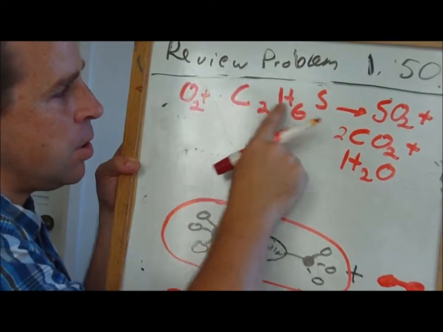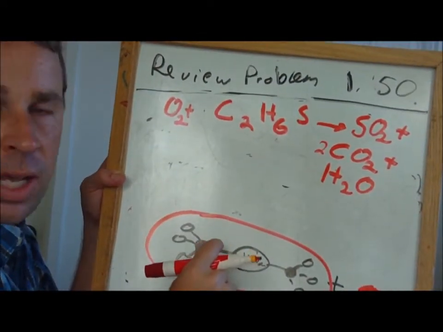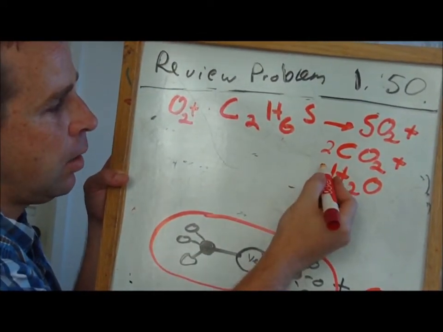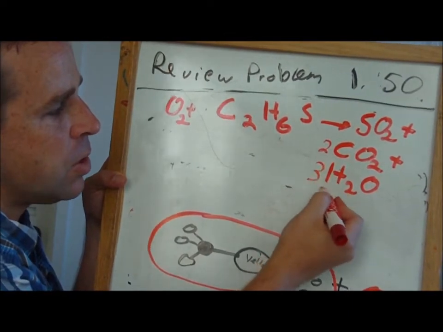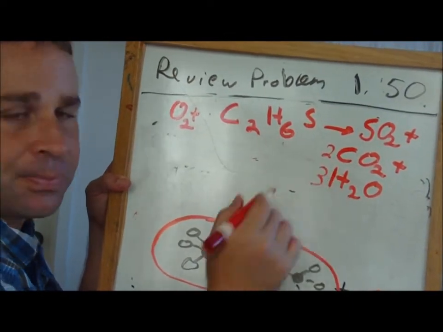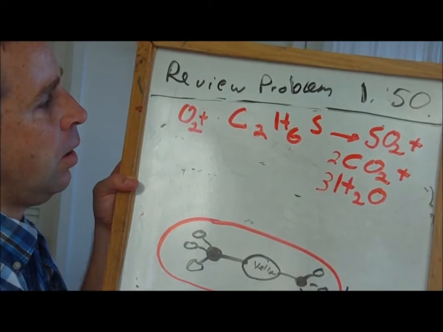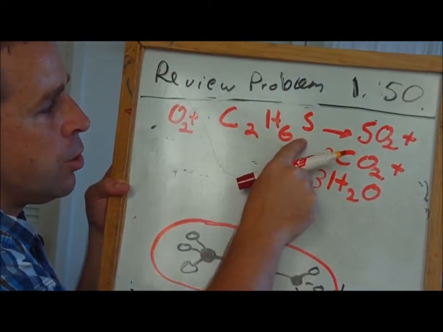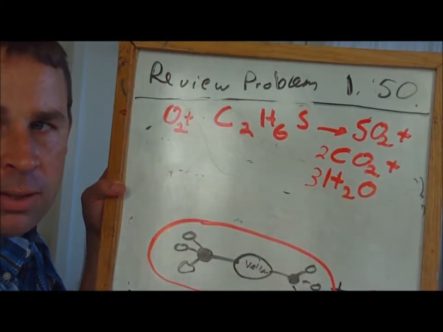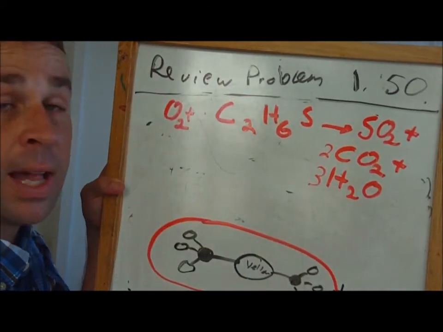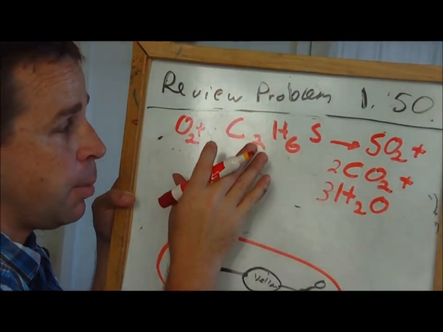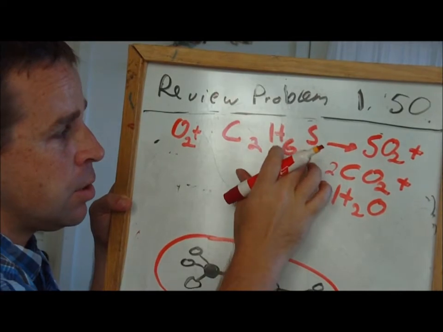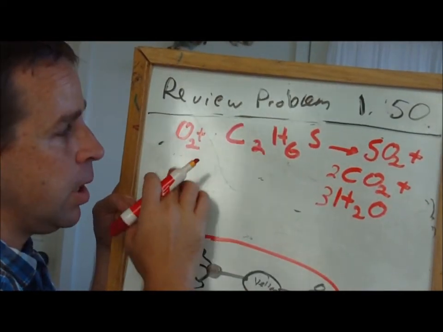We have 6 hydrogens on the left, and if we need 6 hydrogens on the right, we can add a 3 right here, and that'll give us 6 hydrogens on the right. Correct? We look at the sulfur. We have 1 sulfur on the left, 1 sulfur on the right. That's balanced already. So we're balancing this equation by making sure there's the same number of carbons, hydrogens, and sulfurs on both sides, and ultimately oxygen.